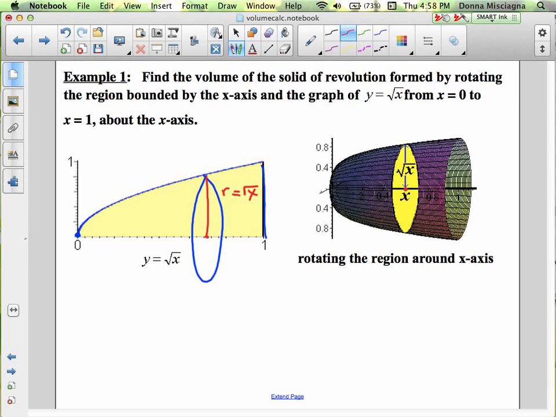Area, of course, is pi r squared. If we integrate area, and I like to pull the pi out right from the start, we'll get our volume. So remember, the area of a circle is pi r squared. We have the pi already, and the r is the square root of x.